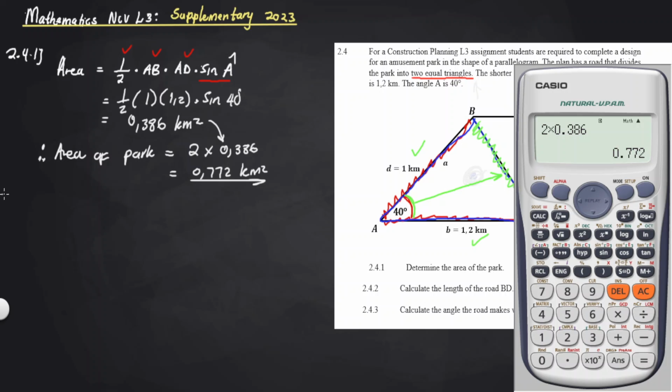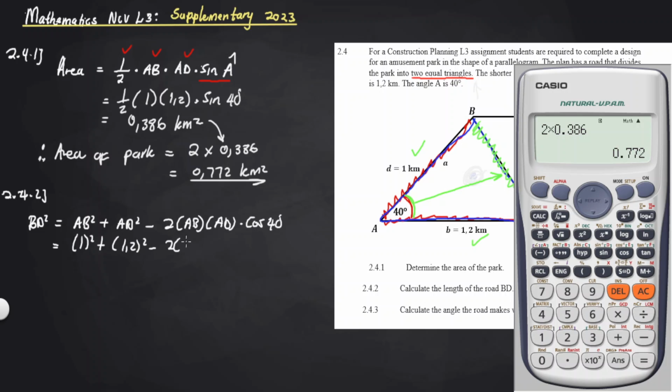Then 2.4.2: BD squared is equal to AB squared plus AD squared minus 2 AB AD multiplied by the cosine of the angle between the two given sides. What is AB? That's 1. What is AD? That's 1.2.